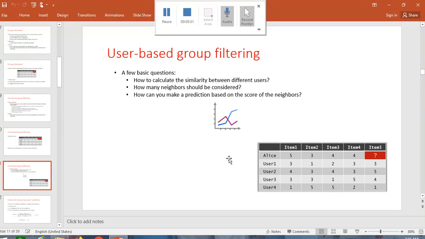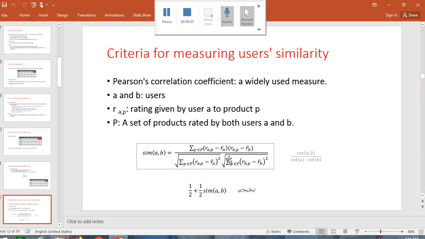Before moving on to the model-based methods, note that here we consider the similarity between users. This method is based on the user. Another method is product-based, where similarity between products is considered. We want to predict a score for Alice for item 5. We find products similar to this product.